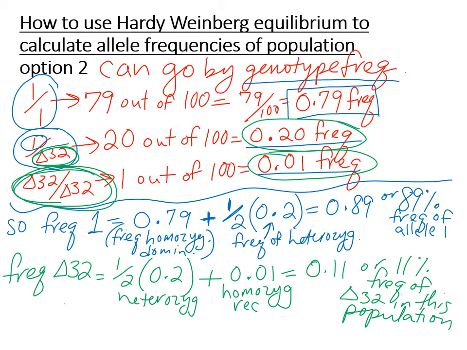But what I recommend is, for each of these slides where I give you an example, once you have watched the video and taken your notes down, go back to these examples, go to the original question I asked before I started drawing all of the answer out, and see if you can calculate it. If someone gave you the genotype frequencies of 79, 20, and 1, would you be able to calculate the allele frequencies? Let me know if you have any questions or concerns.